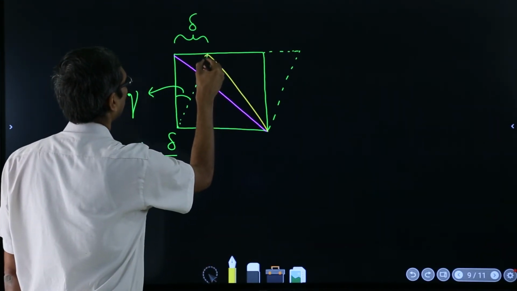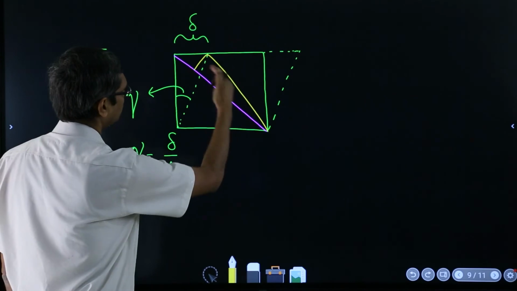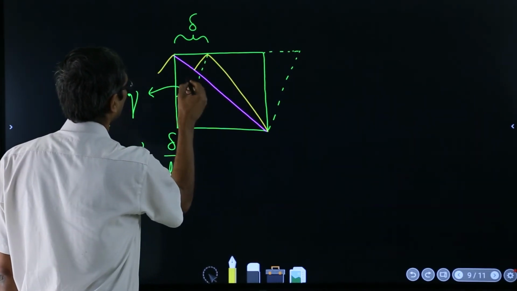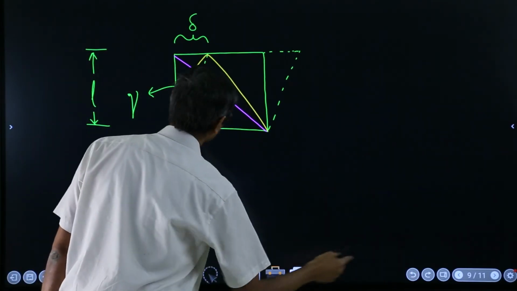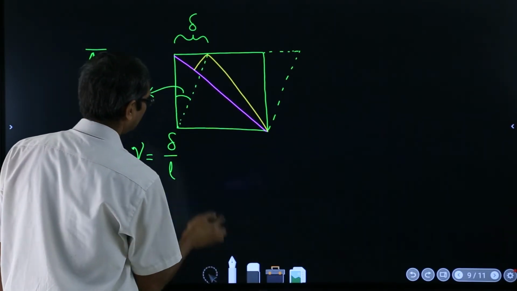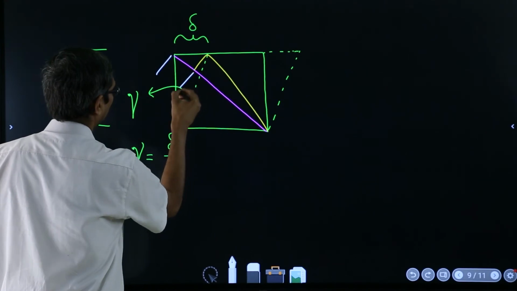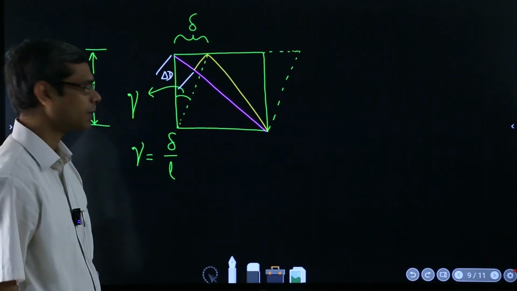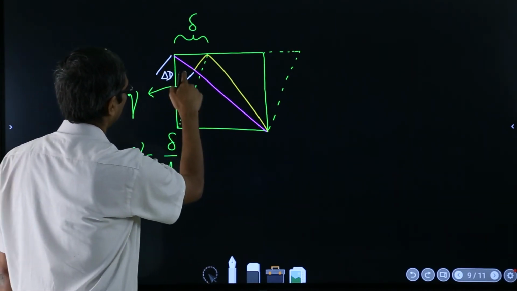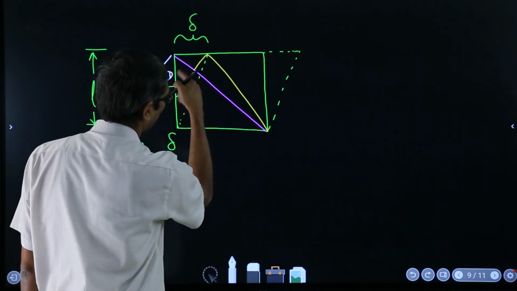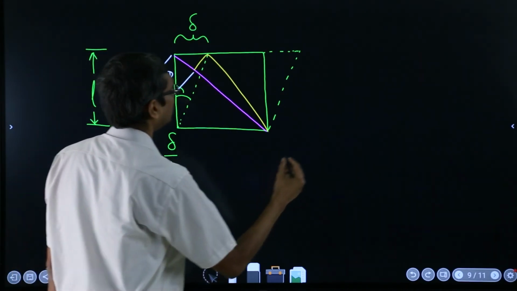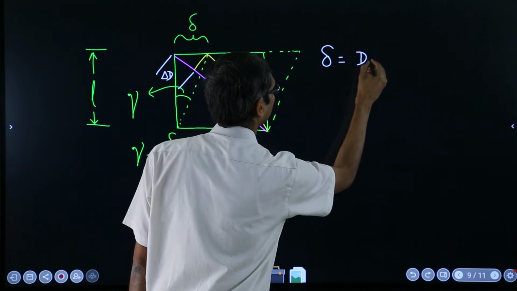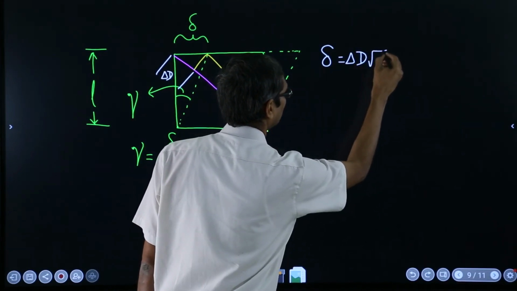If I draw a perpendicular here, okay, so everything again small, so this length is my delta D. Okay. If that is delta D, then this angle is 45 degrees. So your delta is nothing but delta D times root 2.